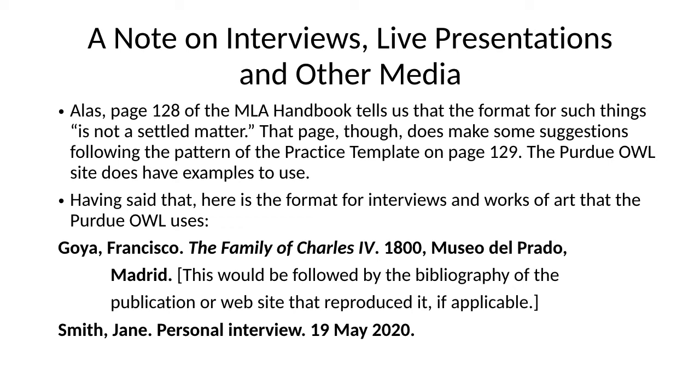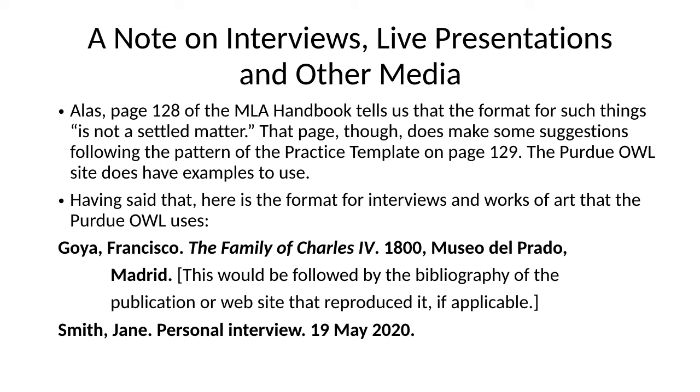Now, having said that, here's the format for interviews and works of art that Purdue OWL uses. And if you think about it, it follows the same pattern. So here's a painting by Francisco Goya, Family of Charles IV, 1800. It tells the original date it was painted, where it is found, the Museo del Prado, Madrid, and then it would be followed by the bibliography of the publication or website that reproduced it, in most cases, unless you happen to visit the Prado and took a picture of it yourself.